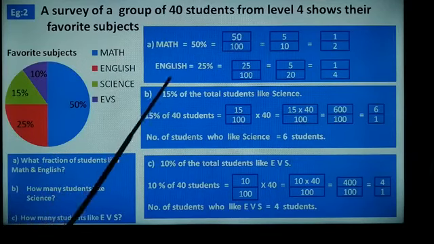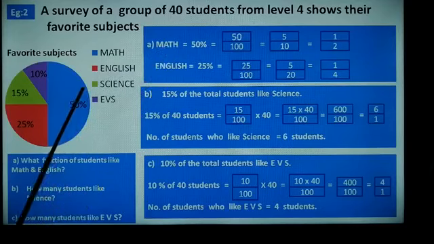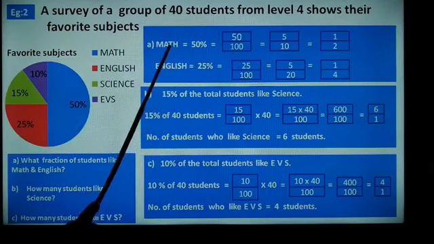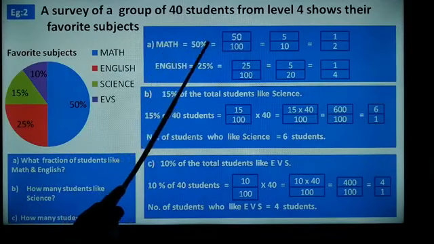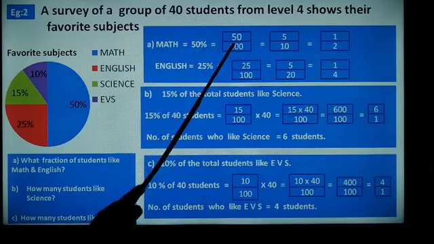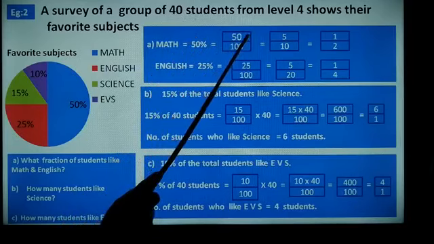So how to find out? Math. We don't know how many. Only the percentage is given, but the question is only asking for the fraction. So it is easy. Math is 50 percent of the 40 students. 50 percent means how to write it as a fraction? 50 by 100.